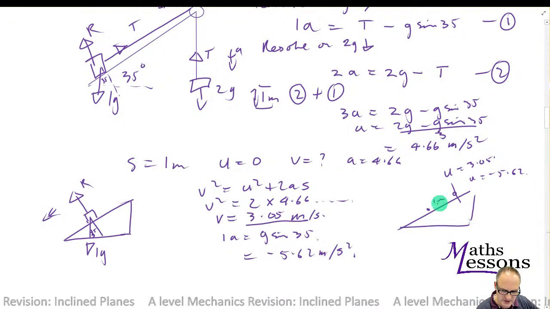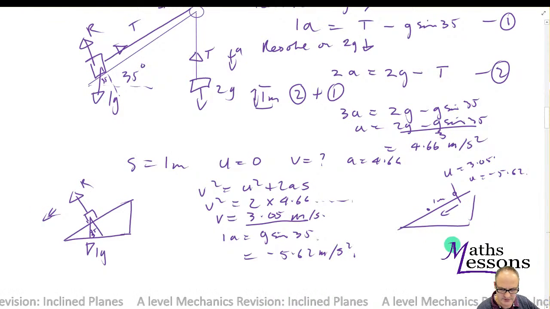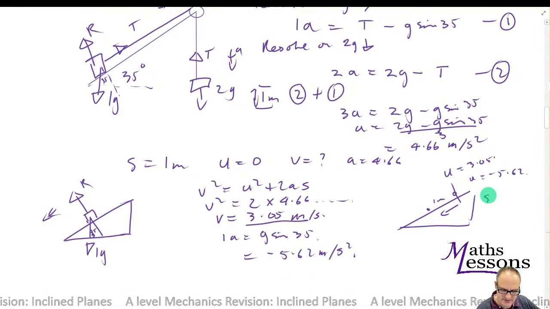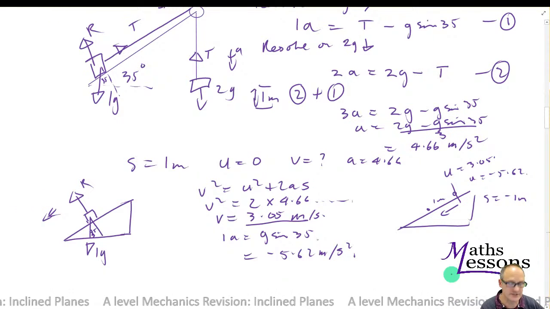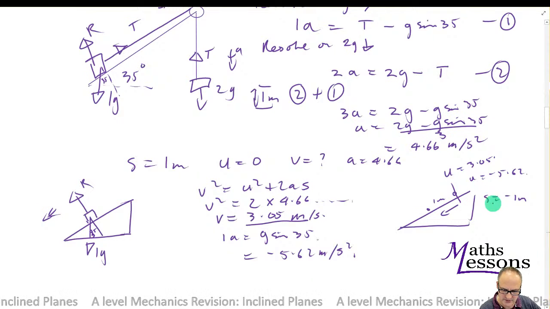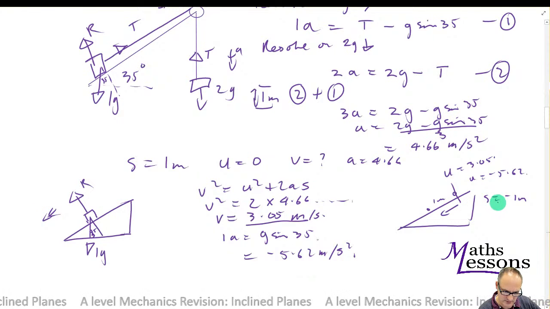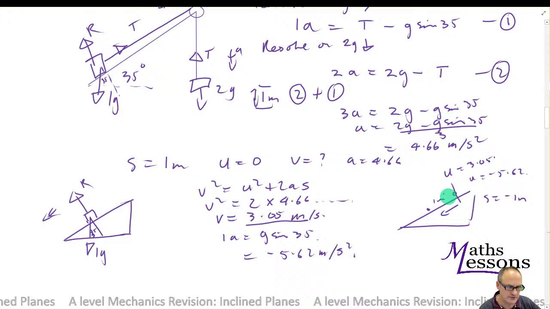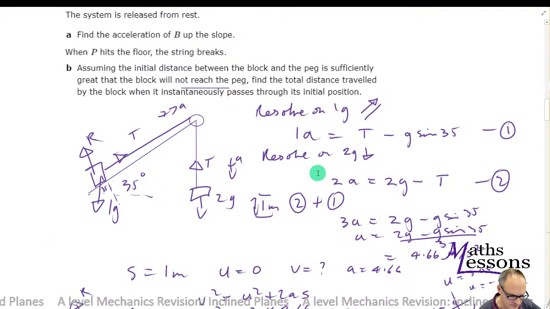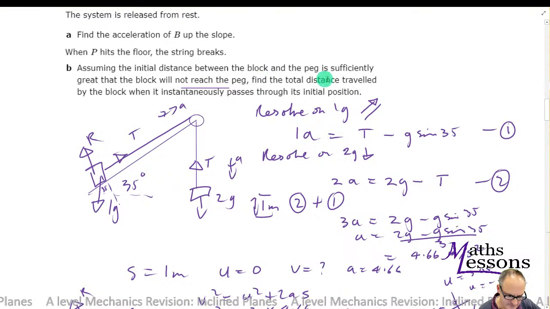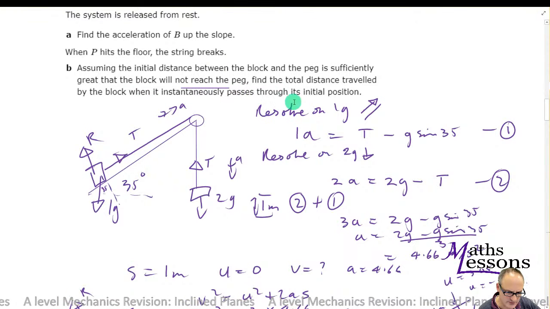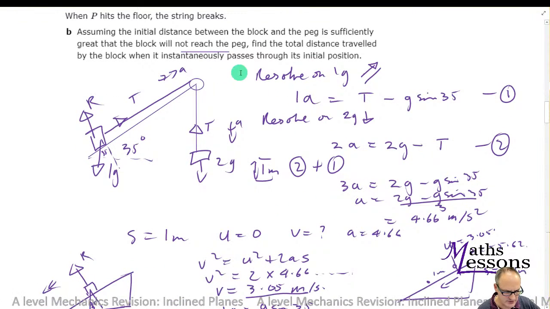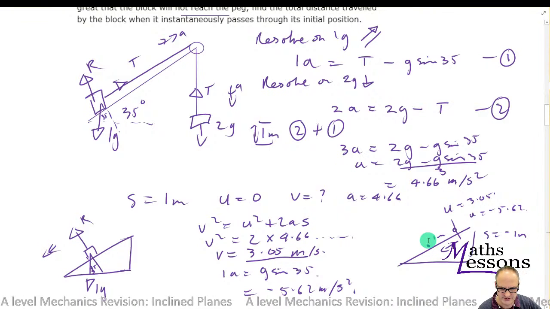We want to find out when it gets back to its original position, where s is equal to minus 1 meter. So we can use v squared equals u squared plus 2as. Oh no, the question says find the total distance travelled by the block when it instantly passes through its initial position. So we're not going to do that. I misread that. I thought it wanted the velocity when it gets past.